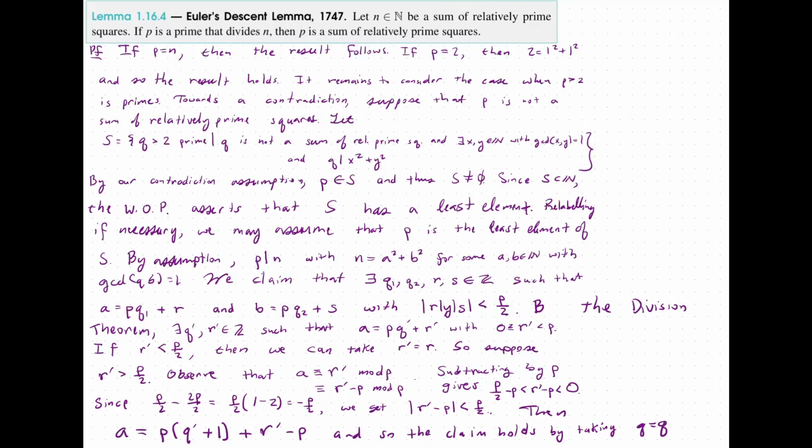So we can take Q1 to be Q prime plus 1, and we take R to be R prime minus P. And so we have our claim for A, but as I mentioned, there's nothing special about A. With B, we can run the argument verbatim, and we get the same exact argument, so the same will hold for B.